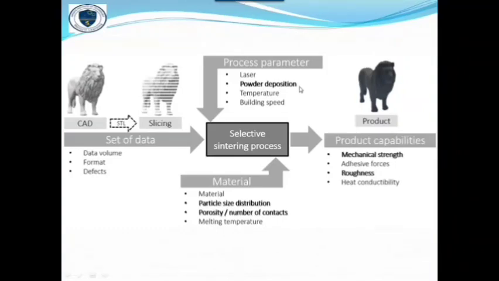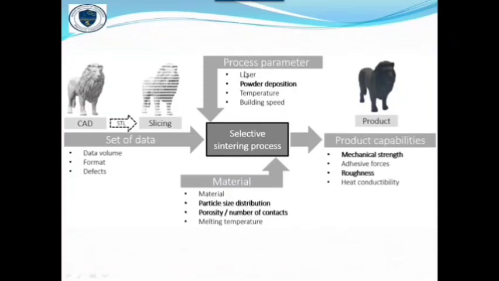Powder deposition means we need to identify how much deposition has taken place on each and every layer, to get the complete component. Then what about the temperature, and the scanning speed, that means the building speed in meters per second, which we have to identify.